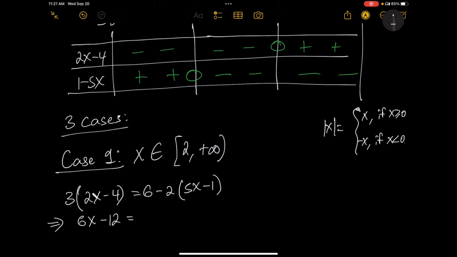Multiplying out, 3 times 2x is 6x, minus 3 times 4, that is 12, is equal to 6 minus 2 times 5x, that is 10x, negative 2 times negative 1, that is positive 2.